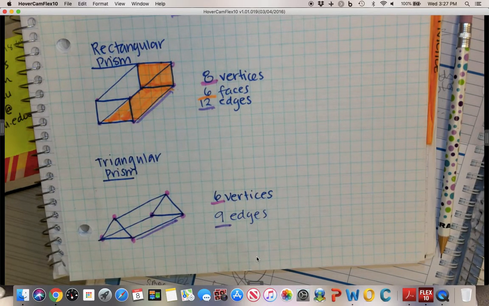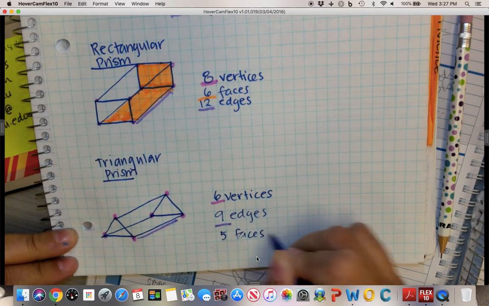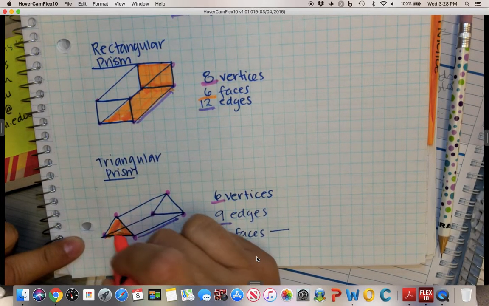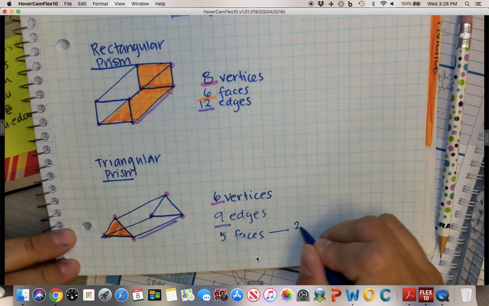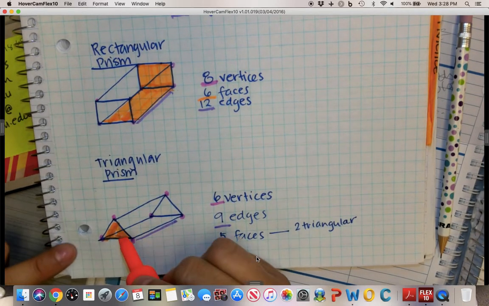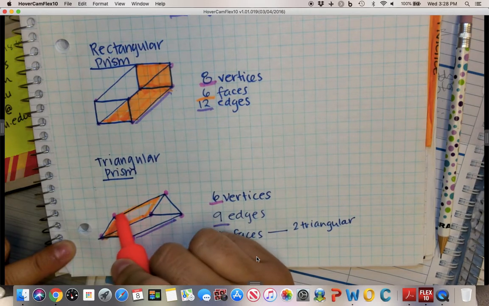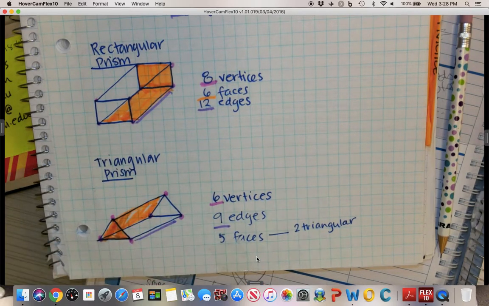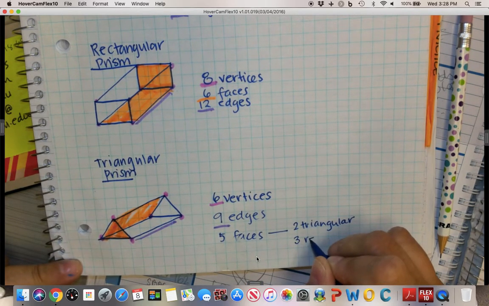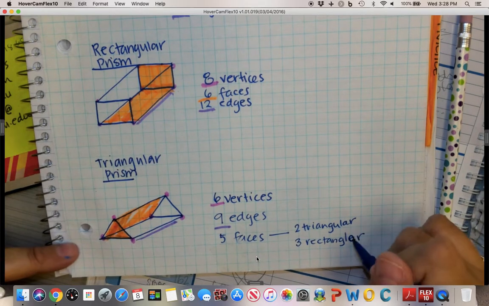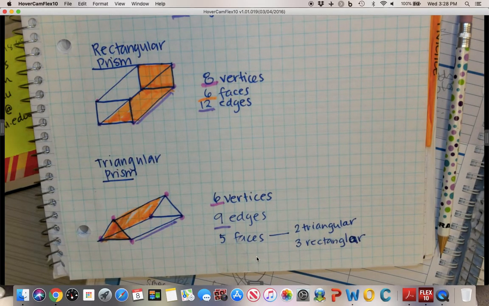Nine edges, and then 5 faces. And of those 5 faces, we have 2 that are triangle shape, and 3 rectangle shape. Two triangular, 3 rectangular.